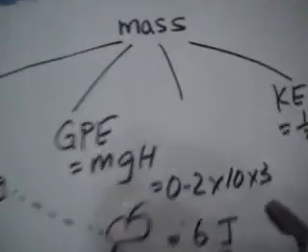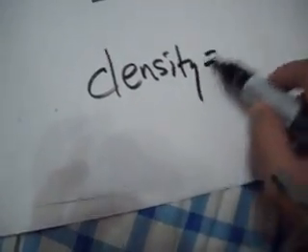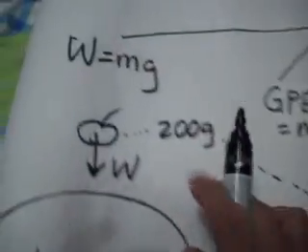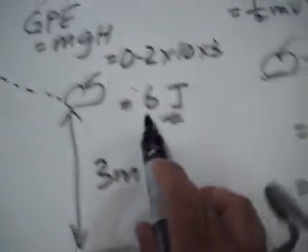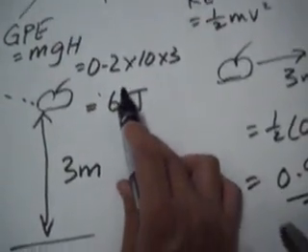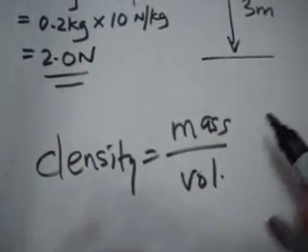Now of course there is another equation that is related to mass, which is density equals mass over volume. Now in all the cases, the mass must be in kilogram. The mass in mgh must be in kilogram. The mass in half mv squared must be in kilogram. Now in density, it may be in kilogram or gram.